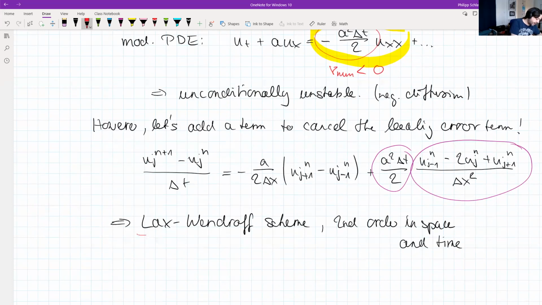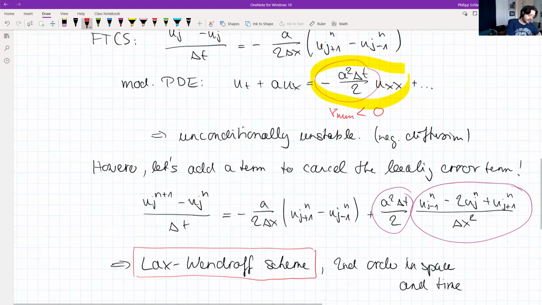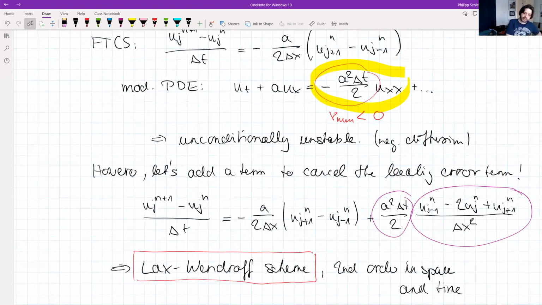This is a scheme that is well known, and people are using that for the simulation of these type of equations. We will also see it later in the demonstration where I also have implemented it. And again, the motivation of how we have derived it is actually quite simple. We have just tried to make sure that the second order term, the leading error term, has disappeared.